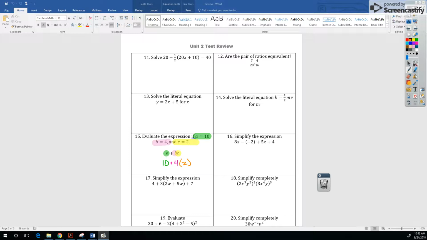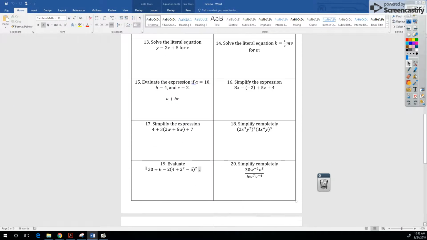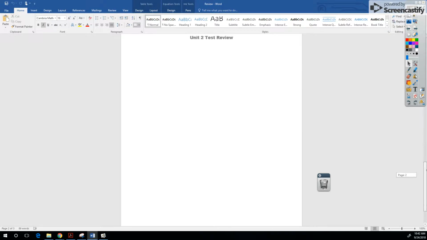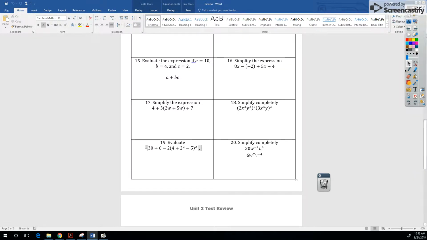Using order of operations, I have to multiply before I add and subtract. So this is 10 plus 8, 18. Notice on 16, 17, 18, there isn't an equal sign. It's not an equation. Whoa, it's not an equation. I am simplifying. So just combining like terms.